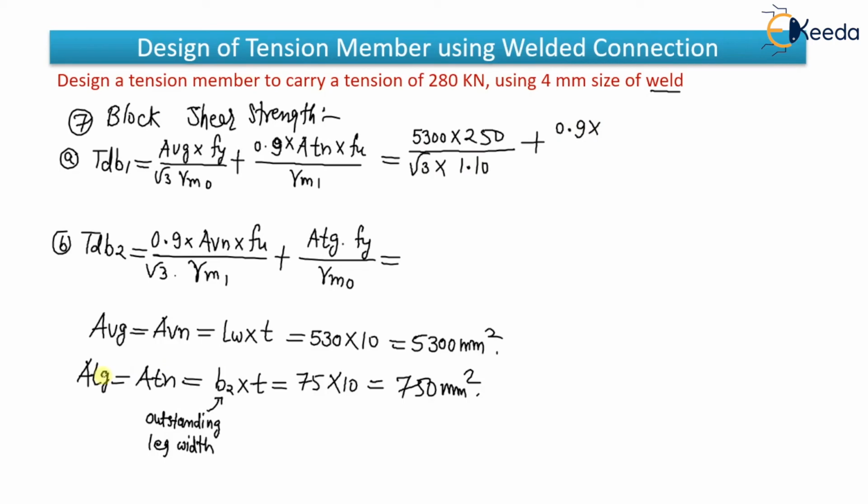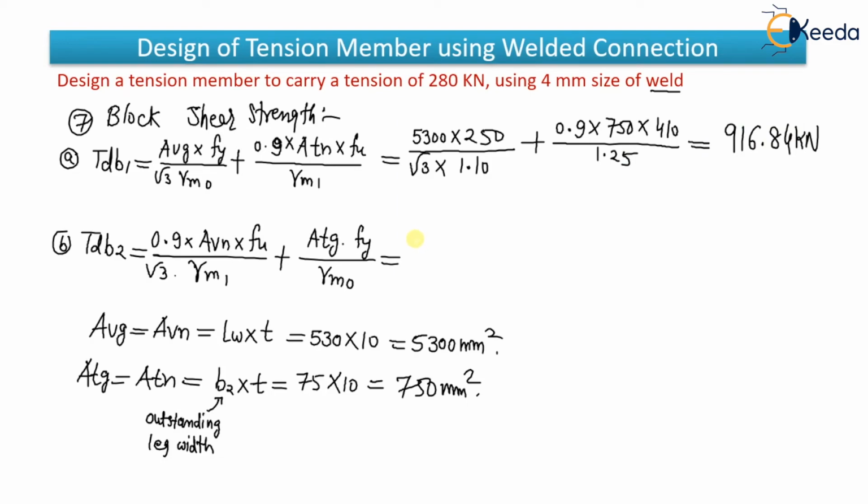ATN we have calculated is 750, into Fu is 410, whole divided by 1.25. So after the calculations it is coming as 916.84 kilonewton. I'm just directly writing in kilonewton. You can check the calculations.